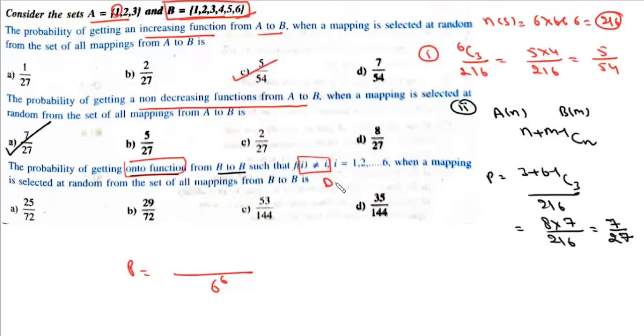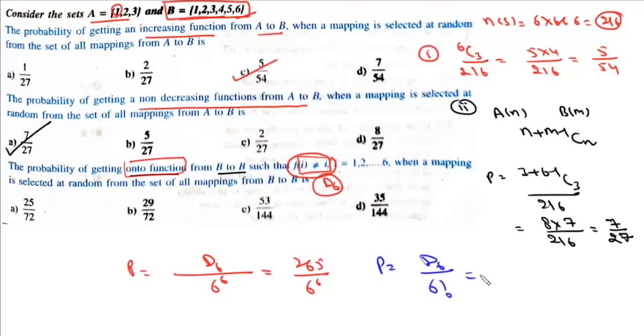So, basically, this is nothing but derangement of 6 objects. So, it will be nothing but D6. Now, D6 is 265. So, it will be 265 upon 6 to the power 6, which actually doesn't match with any of the options. But if we take this question as getting a function such that f(i) is unequal to i, given that it is an onto function, then this probability comes out as D6 and number of onto functions from B to B will be simply factorial 6.